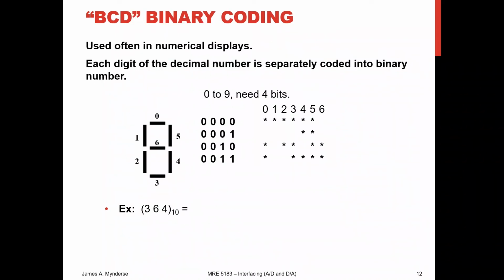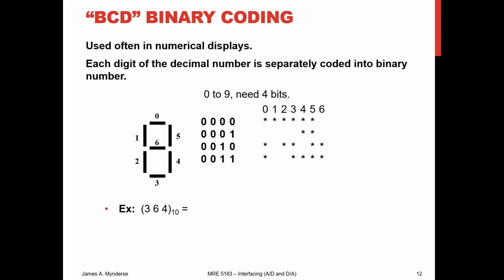So another scheme that you'll see that's related but not the same is BCD, binary coded decimal. This is when you've got a 7-segment display, as we will do in class. Your 7-segment display has 7 segments, and each of those 7-segment displays has to represent a decimal number.